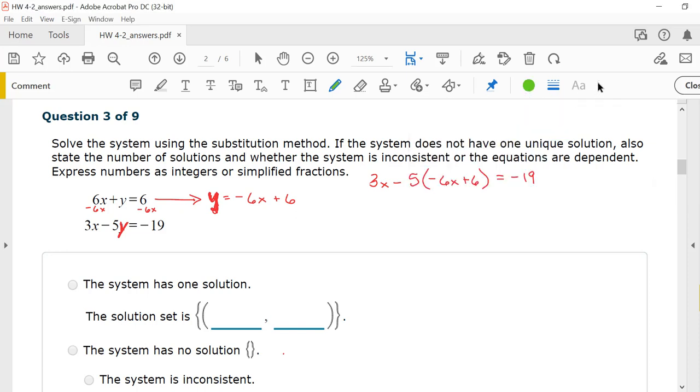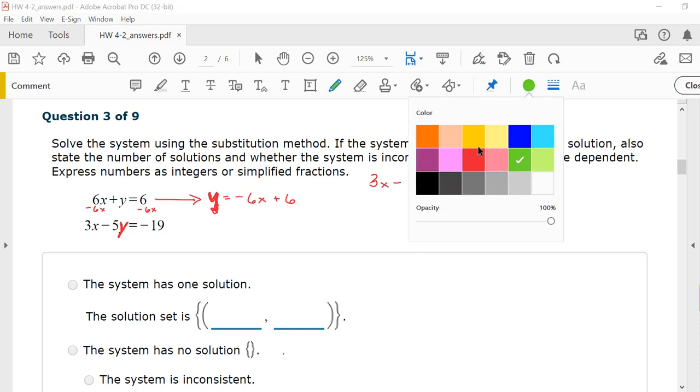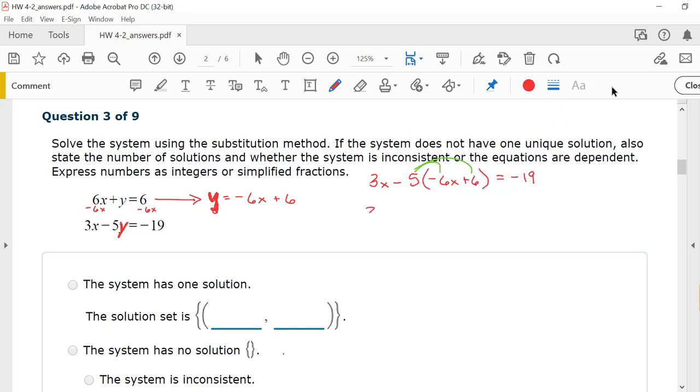Now let's go solve for x. First, I need to distribute. 3x, negative 5 times negative 6x is plus 30x. Negative 5 times 6 is going to be negative 30 equals negative 19.